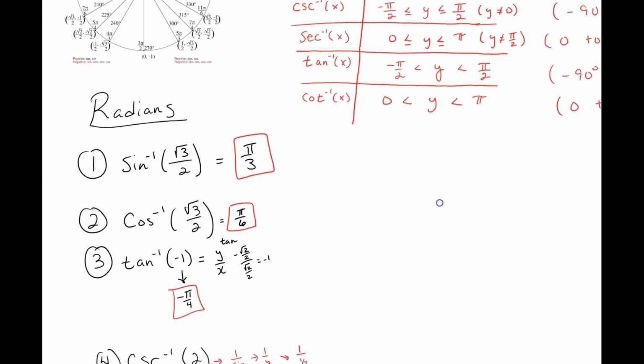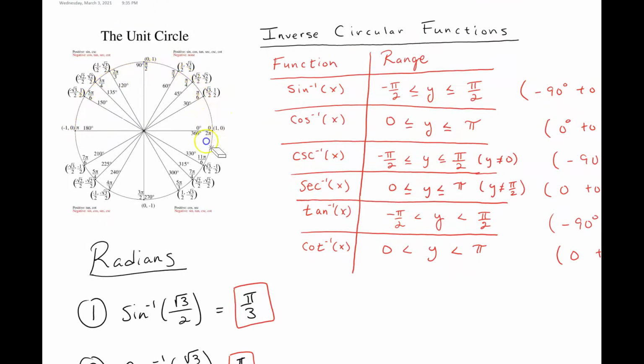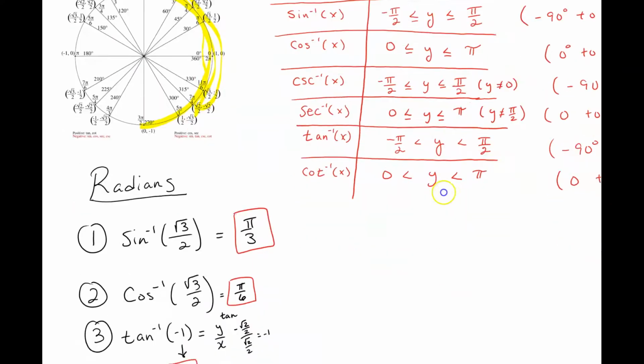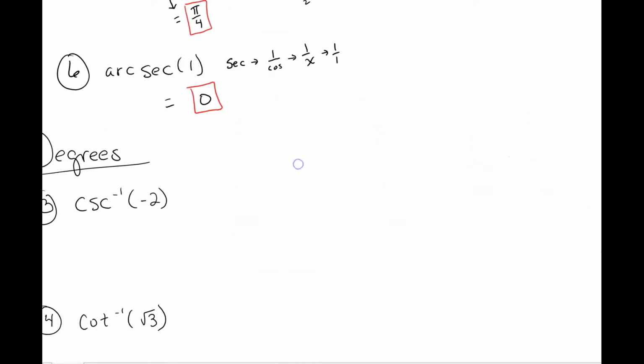All right, so the cosecant inverse of -2. Well, let's look at the range of the cosecant. The cosecant inverse is going to go from -pi/2 to pi/2. So we are looking at this window here. And cosecant is the reciprocal of the sine. So we're looking for where was the y value. In other words, we're going to say 1 over the sine, right, which is 1 over the y, which would be 1 over some number that would give us a -2.